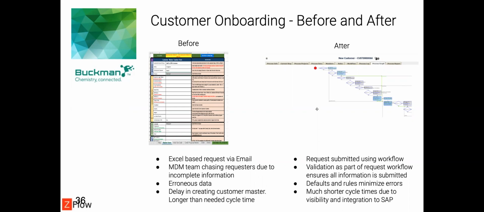Now with this tool, we know exactly who is holding up a particular task, and the requester can chase that approver to get the required task approved. So we have better visibility with the zFlow tool, that I can tell you.